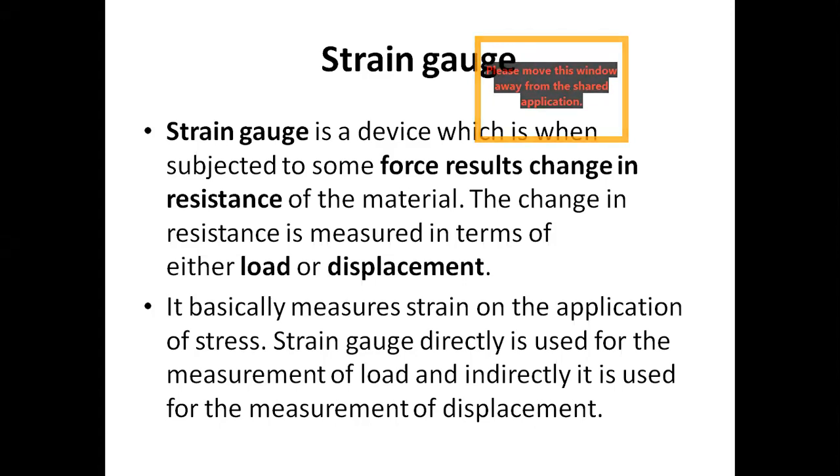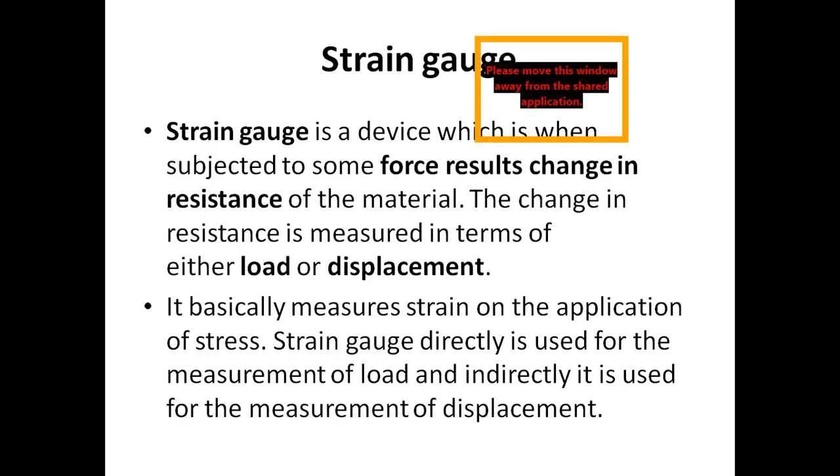A strain gauge is a device which, when subjected to some force, results in a change in the resistance of the material. The change in resistance is measured in terms of either load or displacement. On the application of force, a metal conductor is stretched or compressed. Its resistance changes owing to the fact that both the length and diameter of the conductor change.